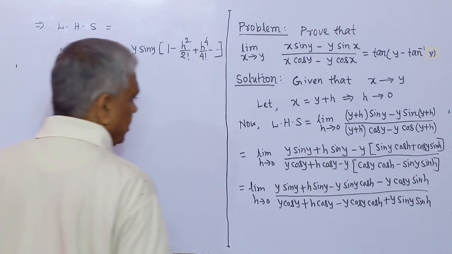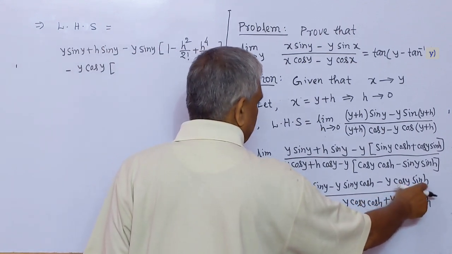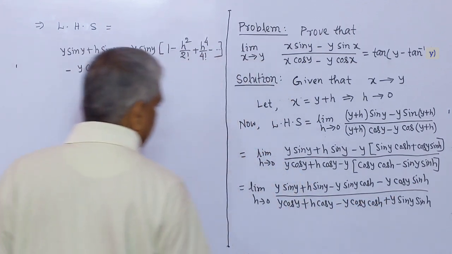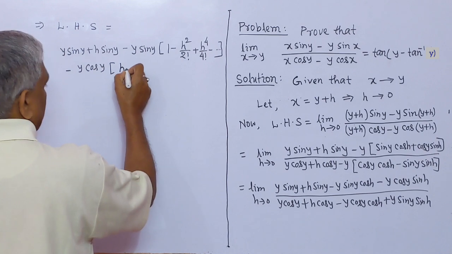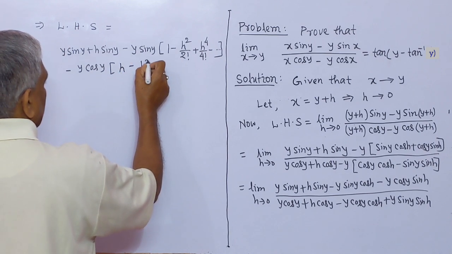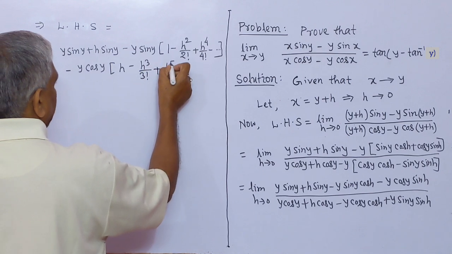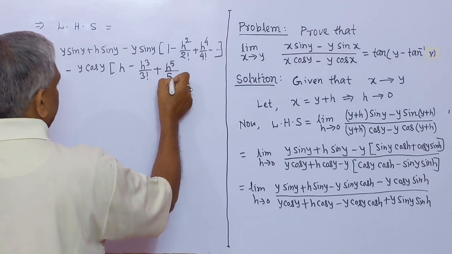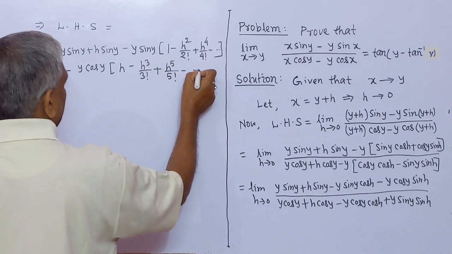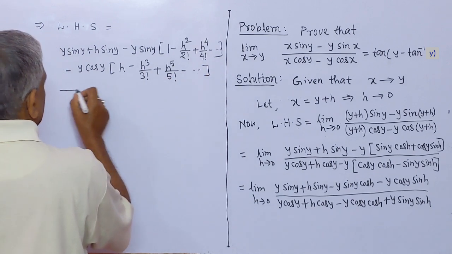We expand sin h in powers of h. This is h minus h cube by factorial 3 plus h to the power 5 by factorial 5 minus dot dot dot, by.